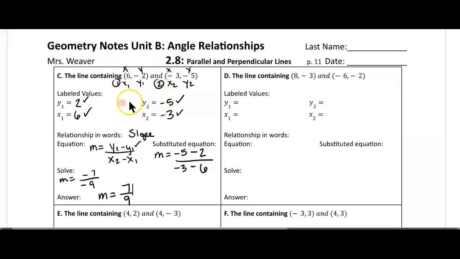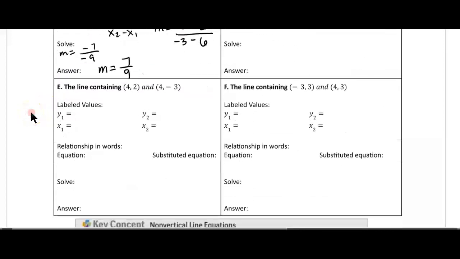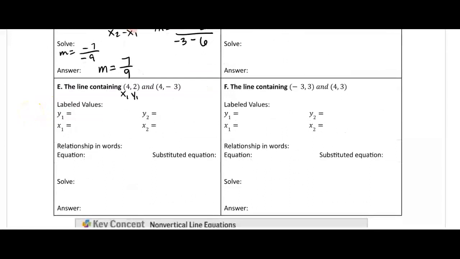All right, we're going to do one more of these for time. We'll go down to E. And we're going to do this just a little bit shorter now. We'll just call this x1, y1, x2, y2. And we've labeled them here. If you'd like to skip this step and use these labels, you can. Our relationship in words is that we're finding the slope.